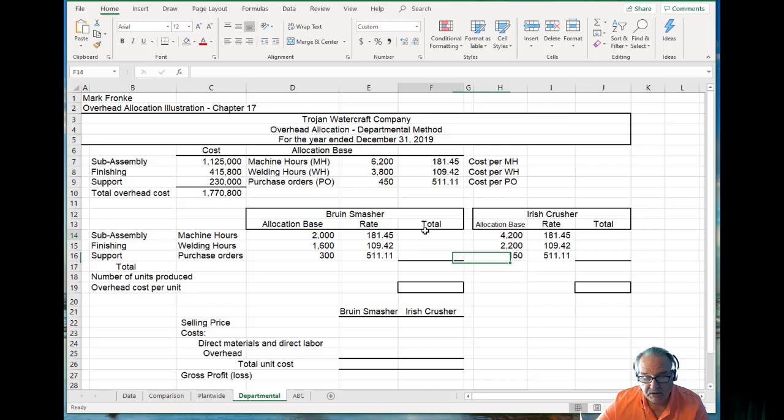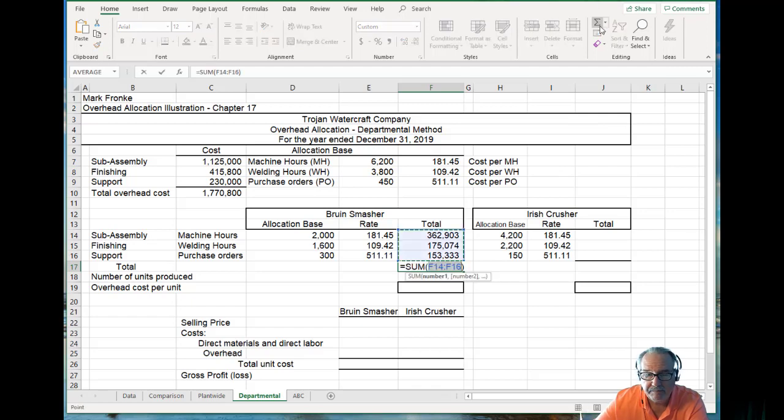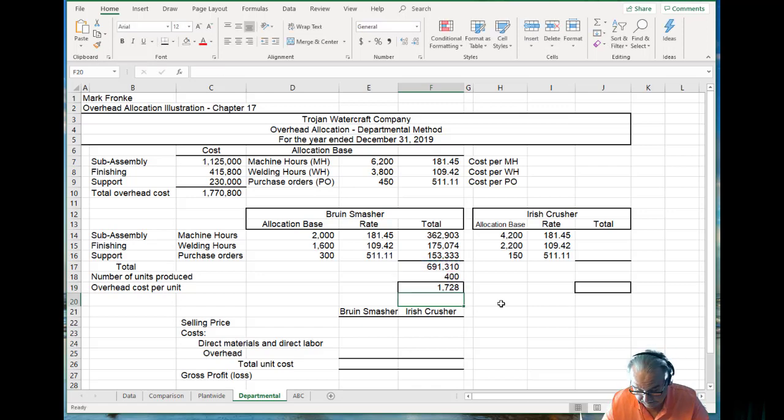And now when I multiply the base times the rate per machine hour, the rate per welding hour, and the rate per purchase order, I can total it up, get the number of units, again 400, and I get $17.28 is the overhead cost per unit.